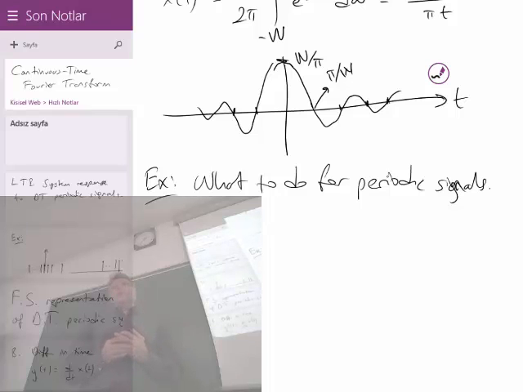But a periodic signal is a subclass of a more general class of signals. It's not just another arbitrary signal. It's just a periodic one. So how can we describe the Fourier transform with respect to that?